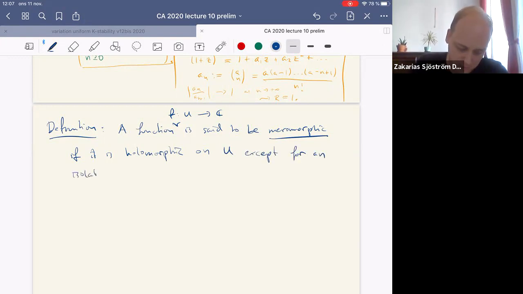This is very important: an isolated set of poles.